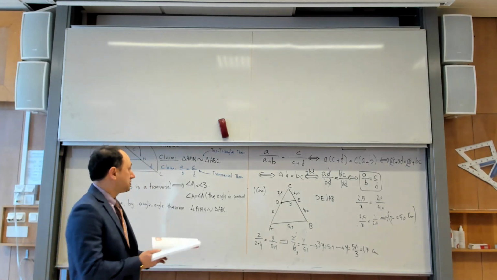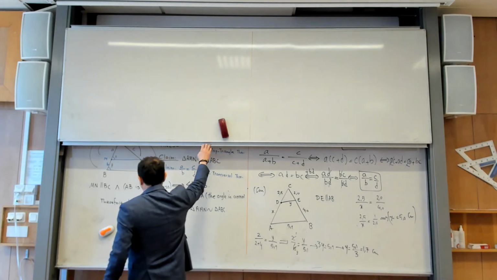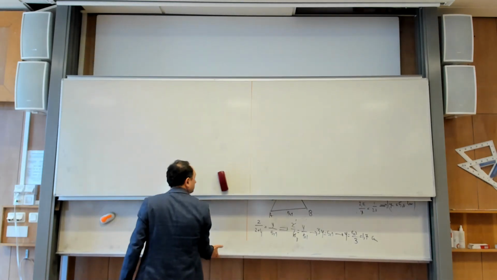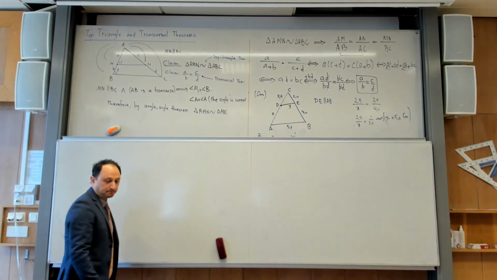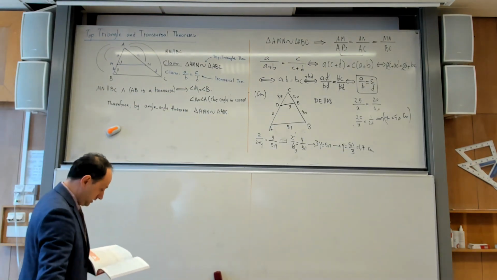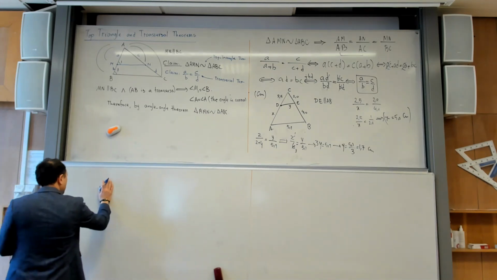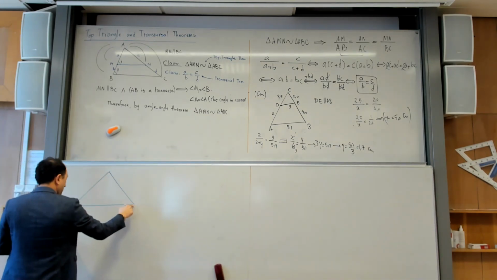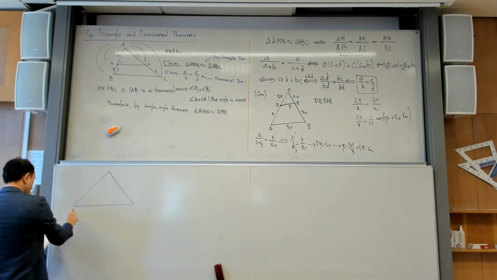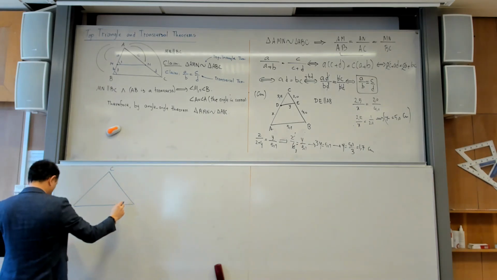Another example is also very simple in the book. You have this picture here. You have A, and then C, and then B here.